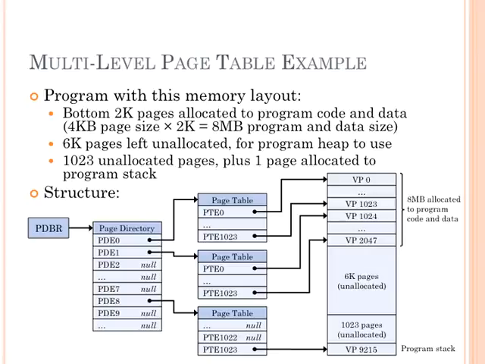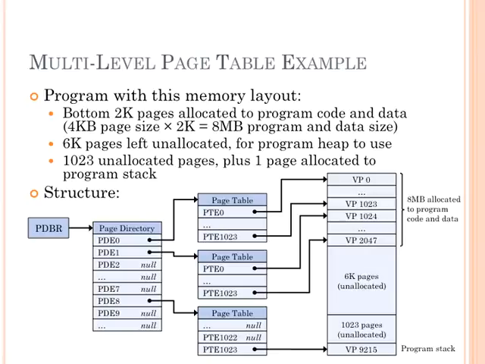Now we have a few entries in our page directory and 3 page tables that correspond to page directory entries 0, 1, and 8. And we have various entries in those page tables that say these are the parts of the virtual address space that are in use. So you can see that this is a far more efficient way of representing a sparse address space, which virtually all programs actually have.